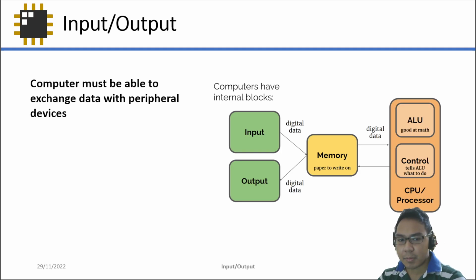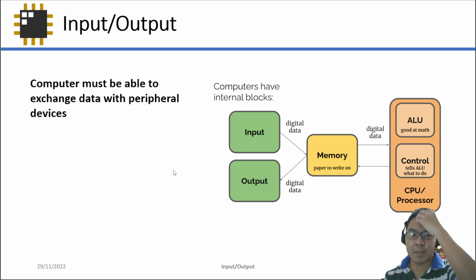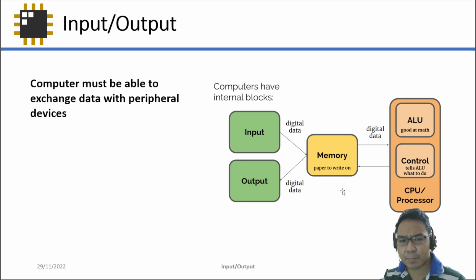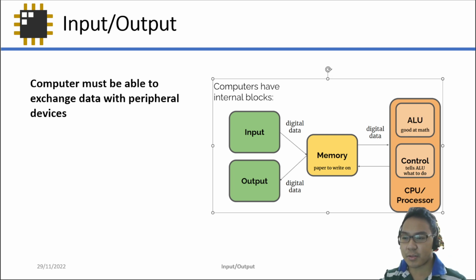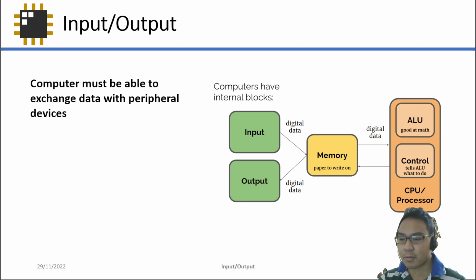So, if you may remember, in the first module of this course, we discussed the different internal blocks of a computer, such as the input, the output, memory, ALU, and control. Now, what's inside the processor, we've already discussed before.